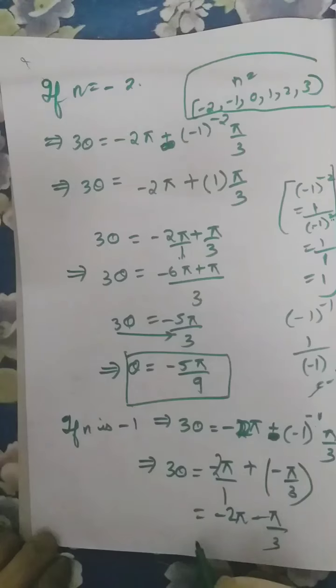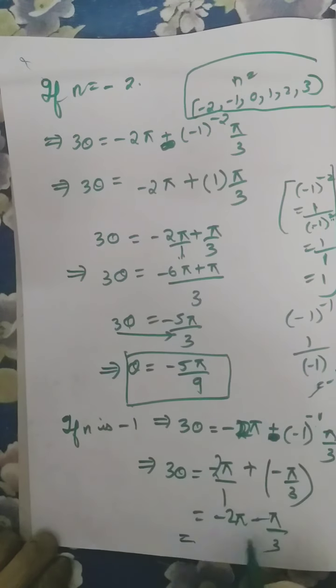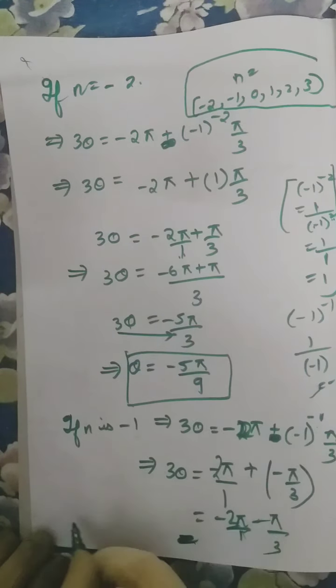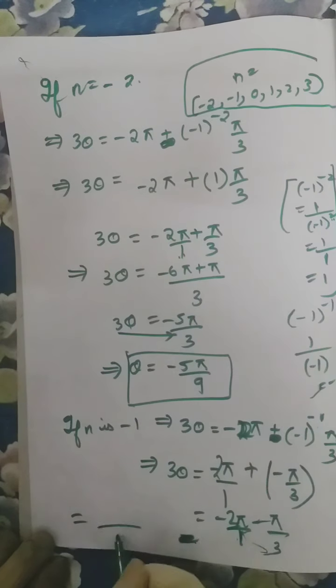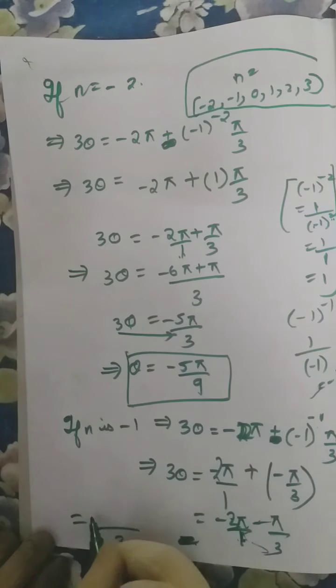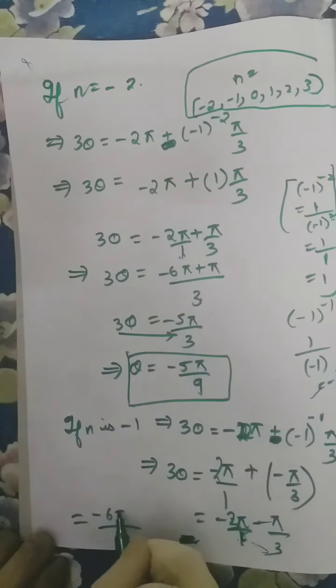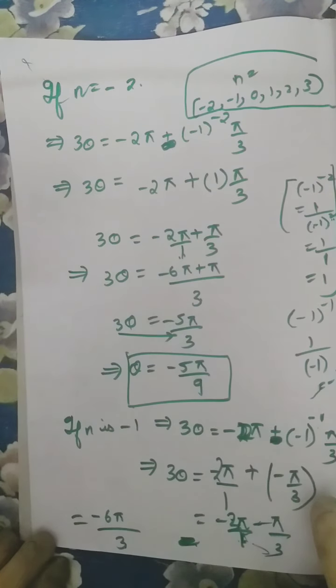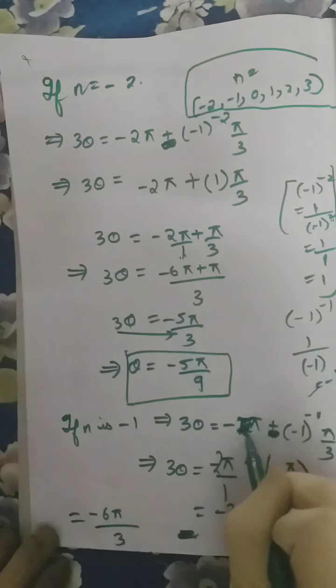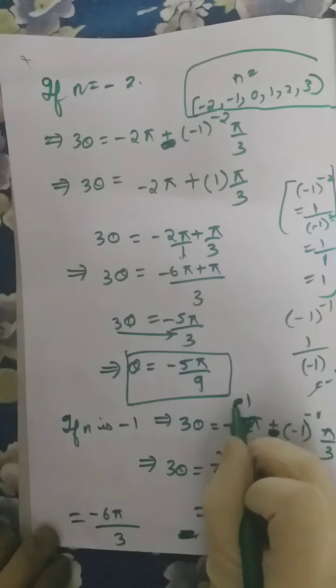So here I will have LCM of 3 and 1 is 3. 3 divided by 1 is 3, 3 2s are 6, so minus 6 pi. And n is minus 1. Sorry, it's correct only. N is minus 1.